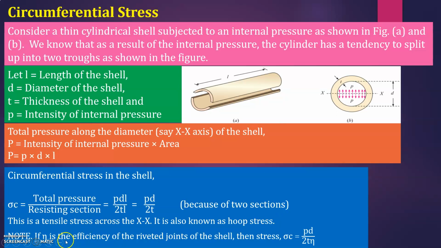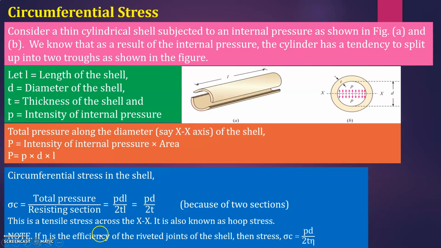Suppose eta is the efficiency of the riveted joints of the shell, then the stress is given by PD divided by 2t into eta. So this is the formula to find the circumferential stress. Just remember that you get circumferential stress as PD divided by 2t.